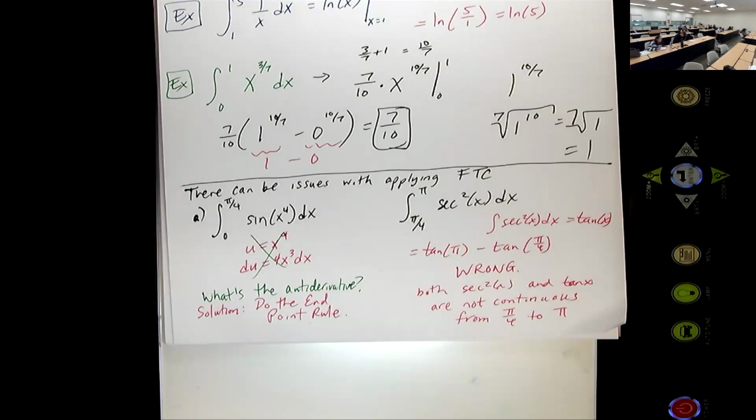We'll hop over to Desmos and show you. The one that causes the problem you're thinking of with tangent is at pi/2, which is between pi/4 and pi. Tangent of pi/2 is sine of pi/2, which is 1, over cosine of pi/2, which is 0. We have an asymptote there.